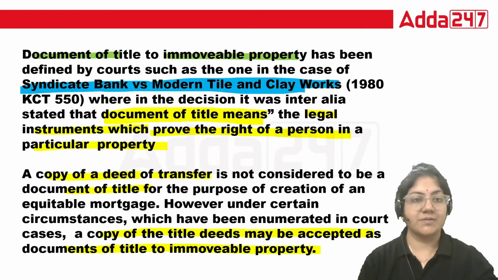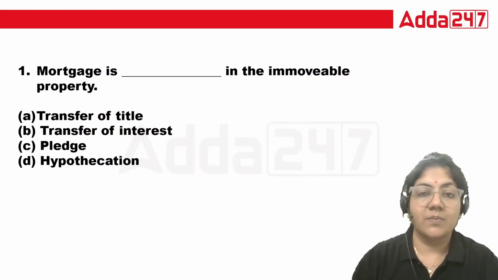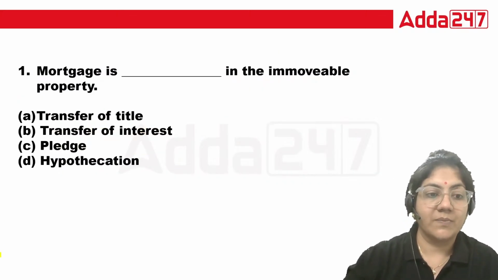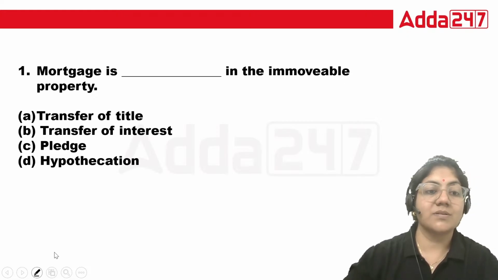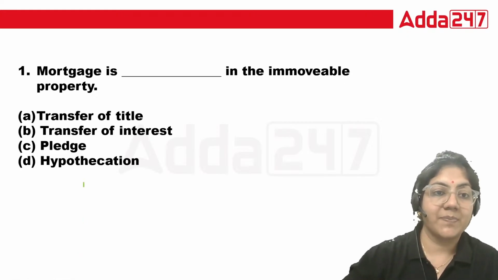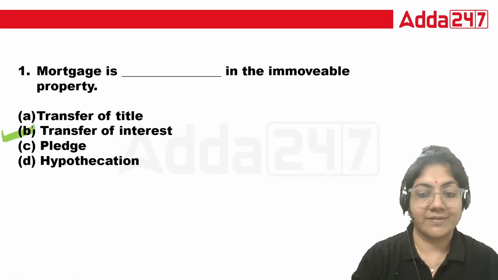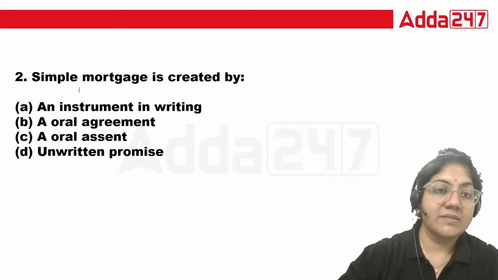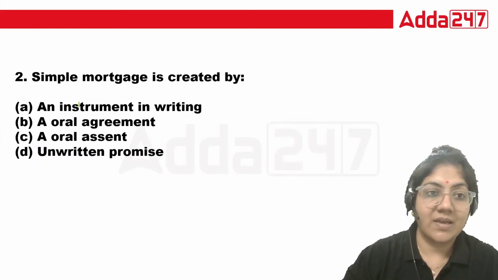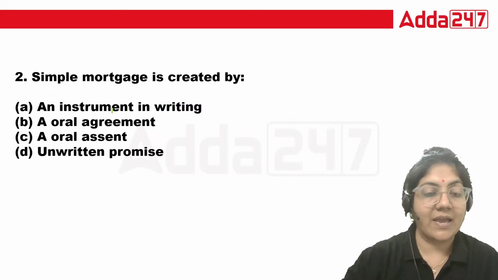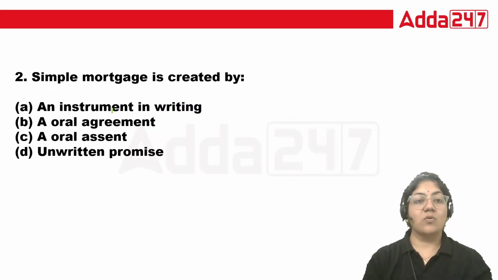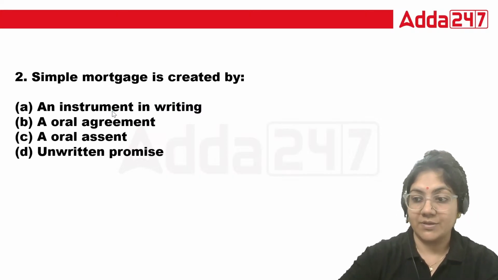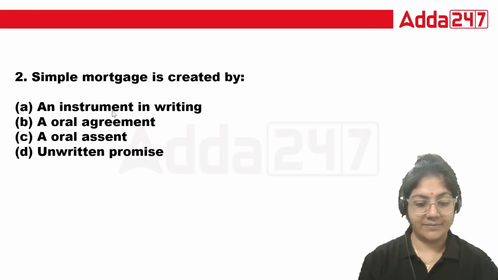So this is important. Now, the mortgage is a dash in the immovable property. The mortgage is basically a transfer of interest. Okay. A simple mortgage is created by an instrument in writing, an oral agreement, an oral assent, or an unwritten promise? Tell me, class.